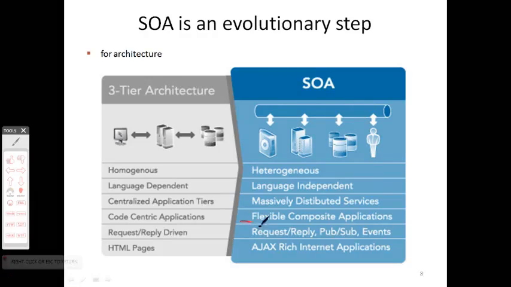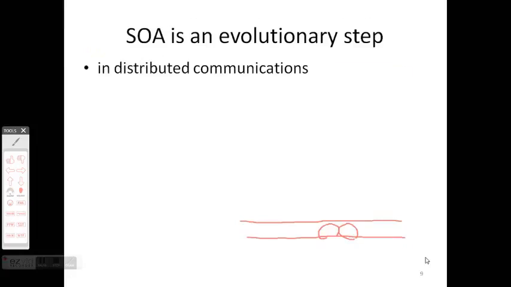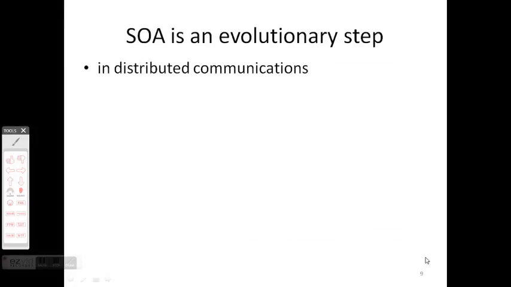This architecture is also massively distributed. That means every single service can exist in a different location throughout the organization or even outside the organization. That also brings about flexibility of composite applications, and it's built on the request-reply and publish-subscribe mechanisms.